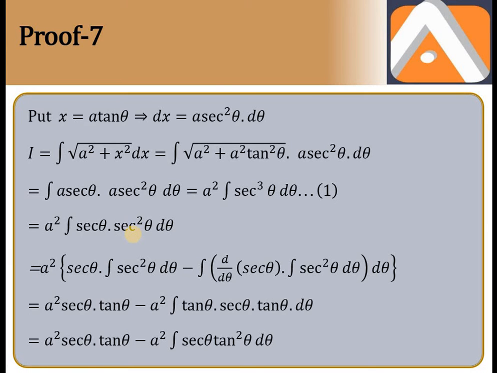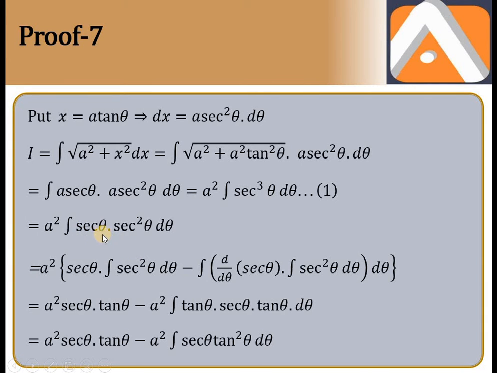But among these two, integration of secant square theta will be simply tan theta. Integration of sec theta will be log of sec theta plus tan theta, and further you are going to face difficulties, because you would get a logarithmic function and a compound function. So for a simple integration, integration of secant square theta is tan theta.